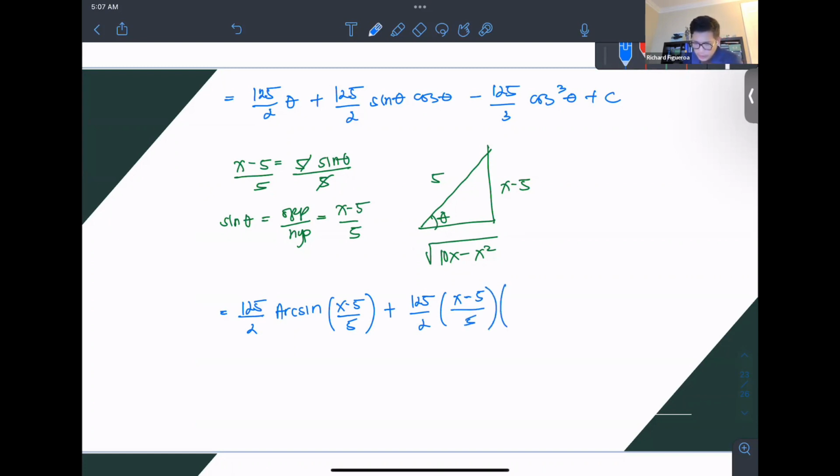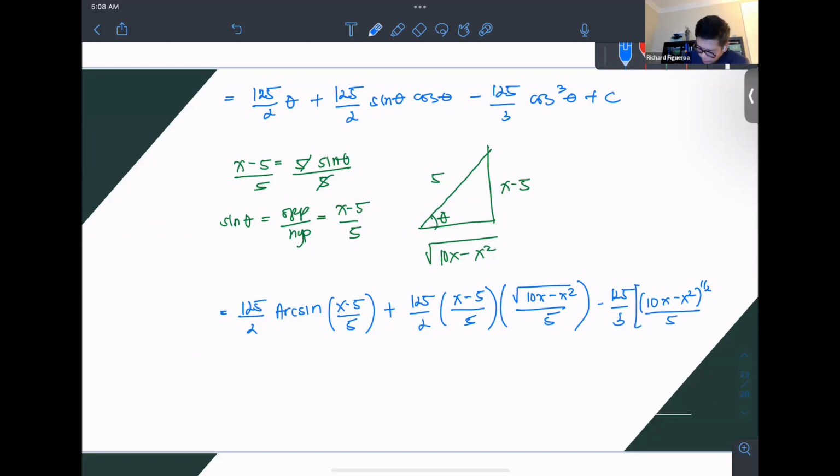And then our cosine is the square root of 10x minus x squared all over 5. And minus 125 over 3. So cosine is 10x minus x squared raised to 1/2, divided by 5, and then raised to 3.